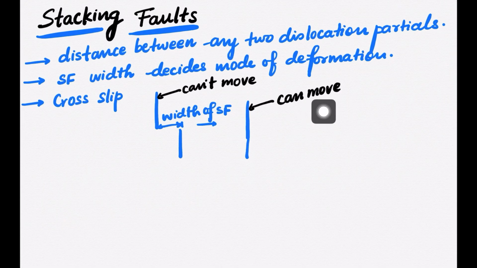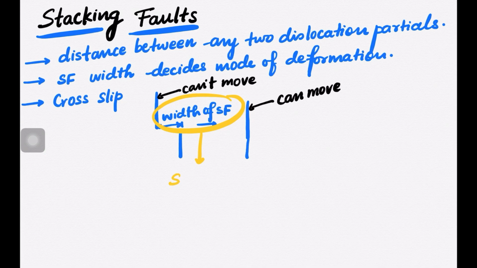So if cross slip is easier, it means the width of the stacking fault is less, and the width of a stacking fault basically decides the stacking fault energy. If the width of the stacking fault is less, then the stacking fault energy will be more. So a smaller stacking fault width means higher stacking fault energy.